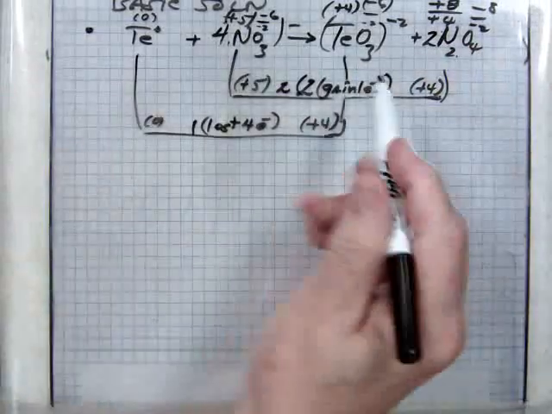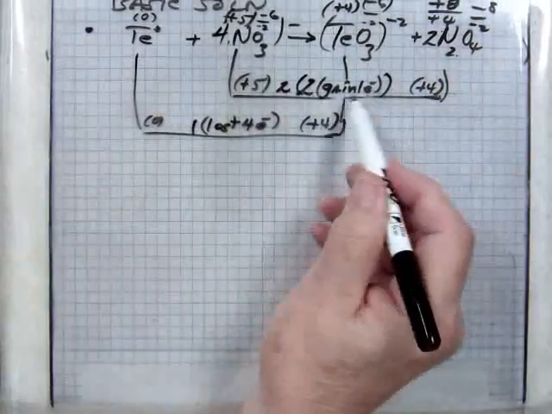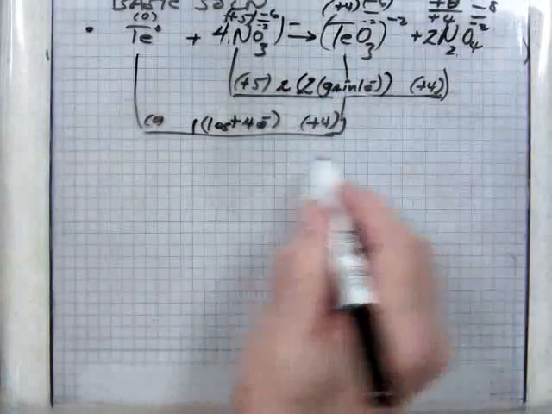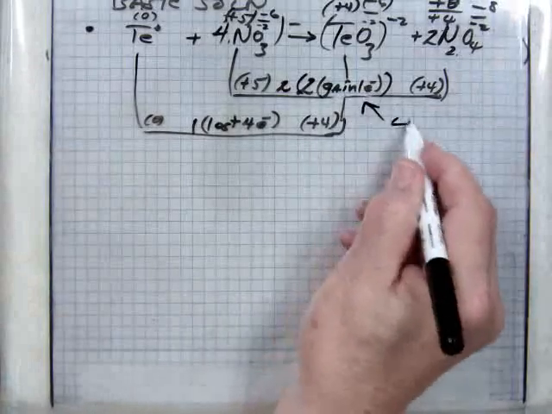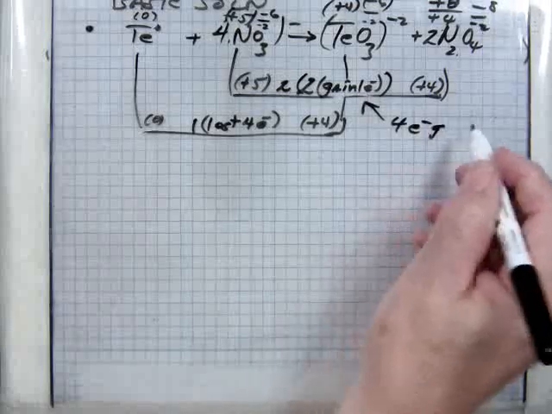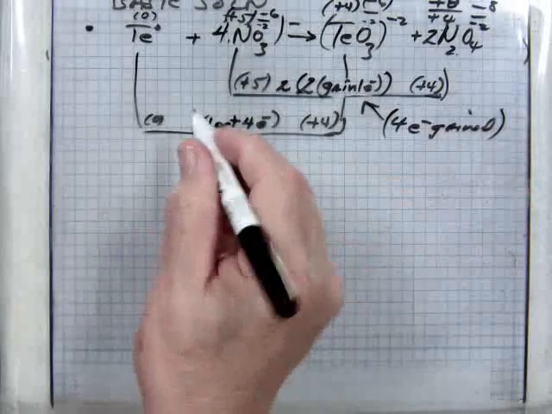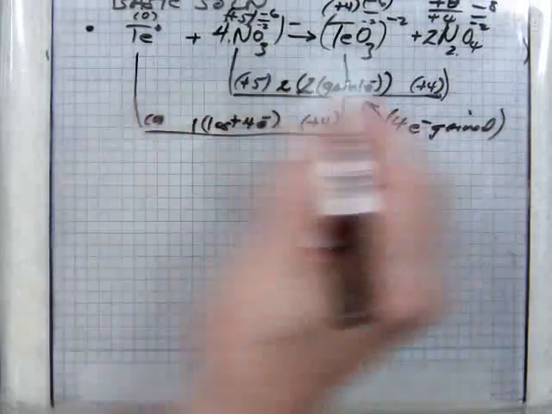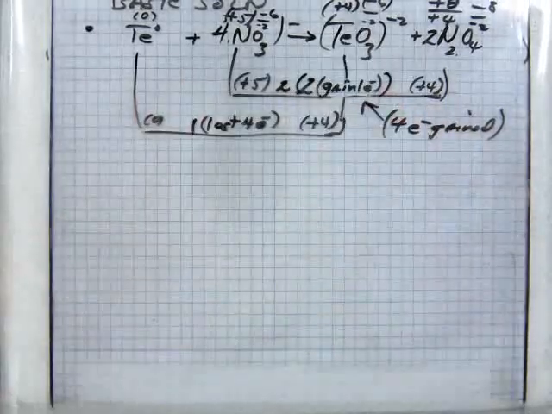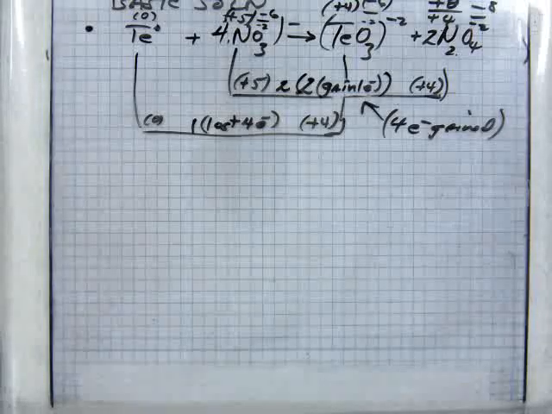So now I have 4 electrons gained and 4 electrons lost, so those are 1 and 1, so those are as is.